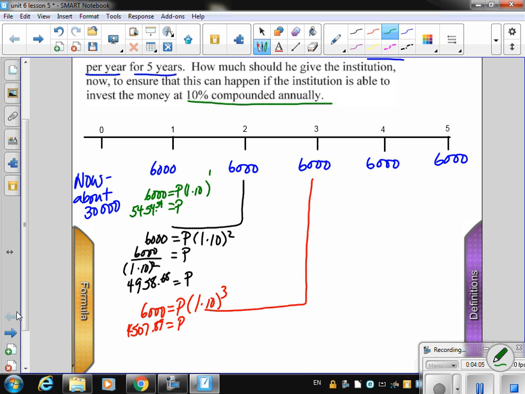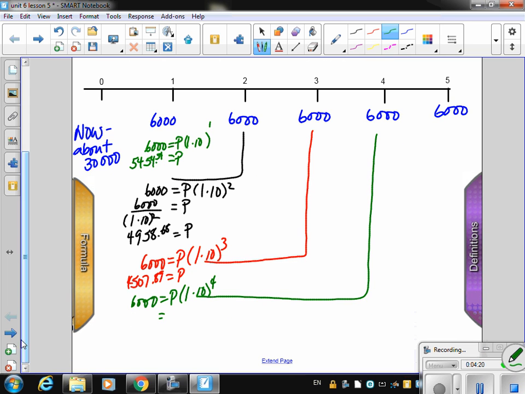I would continue in the same way. How much do I need for that one? $6,000. How much for 4 years? That principal would be $4,098.08. So he's going to get over $1,000 interest on that particular investment.